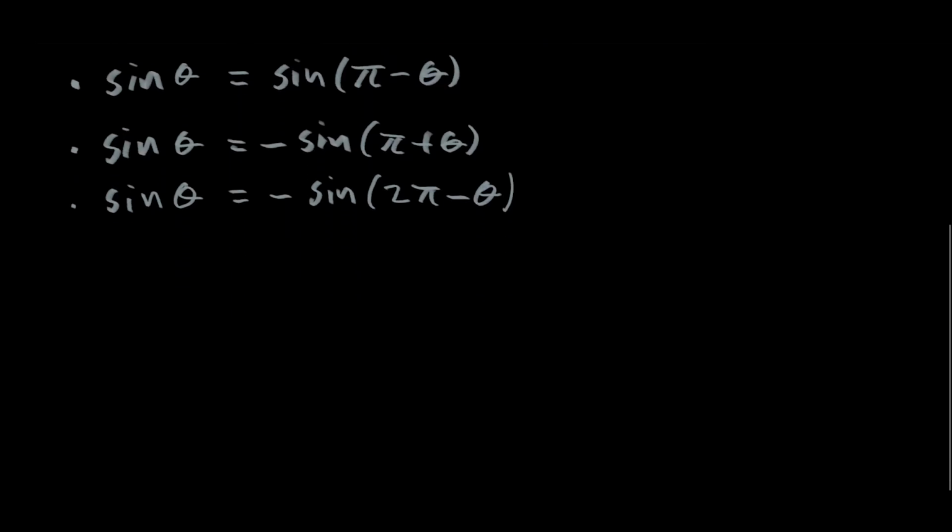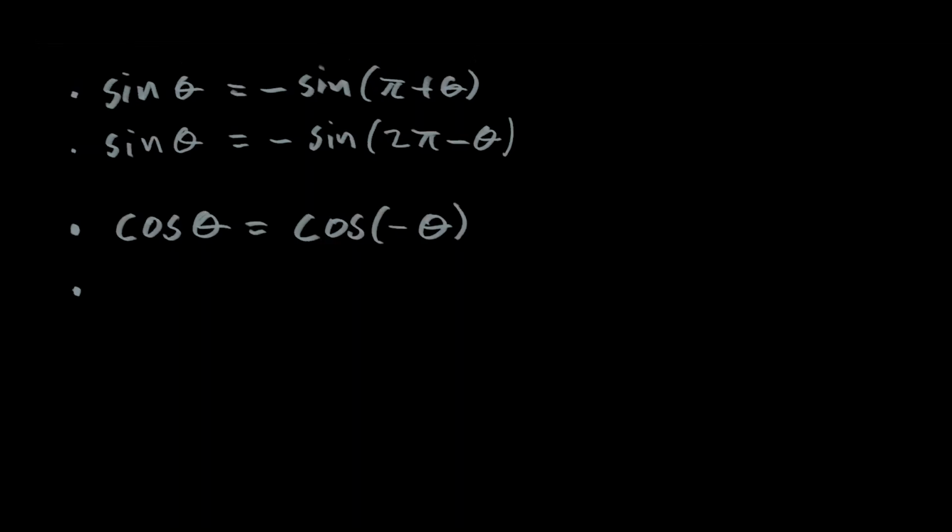Now, there are some cosine trigonometric identities I'd like to give you as well, and maybe the cosine ones will have to wait until the next video so that it doesn't get too long. But the first one is that cosine of theta is equal to the cosine of negative theta.